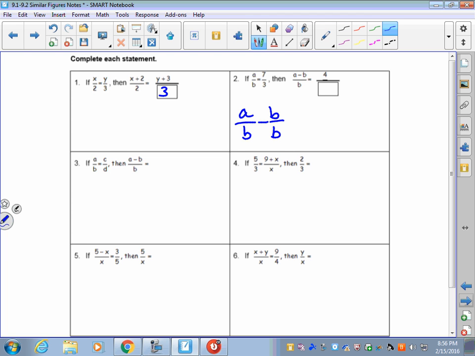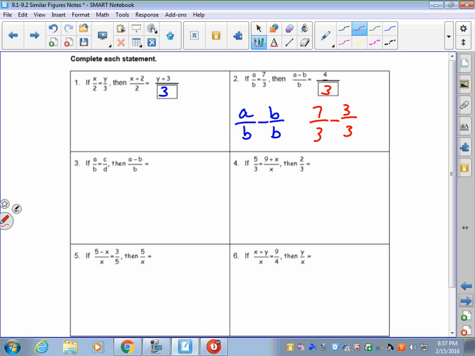I'm using that same relationship with my 7 over 3. If I subtract this fraction, I have to have the common denominator, so that's 3 over 3. And 7 minus 3 gives me the 4. So we know that the common denominator is 3, so it's 4 over 3. And I think some of you can see that mentally, and then just do it.